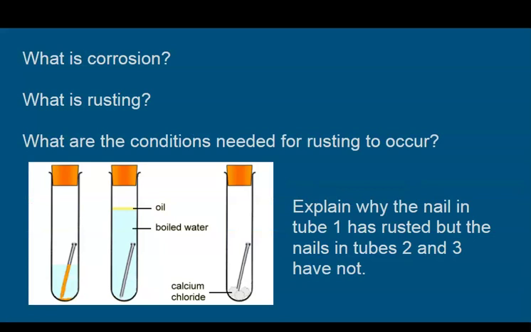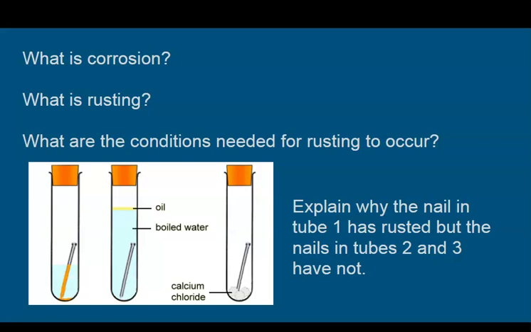One of the main problems with using many metals is that they corrode. This means they react with the environment around them. So that could be water in the environment, that could be air, oxygen in particular, or even carbon dioxide in some instances. Rusting is the specific name given to the corrosion of iron.